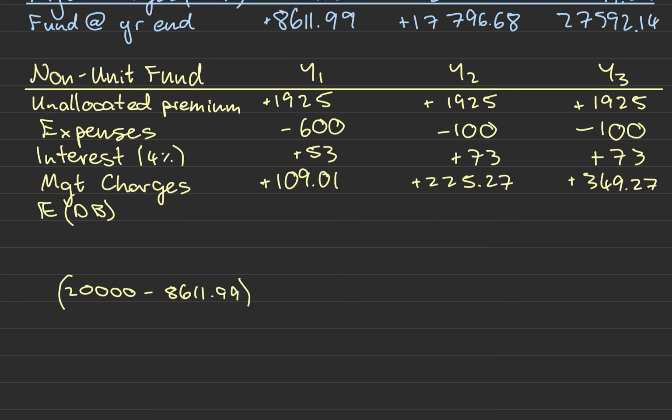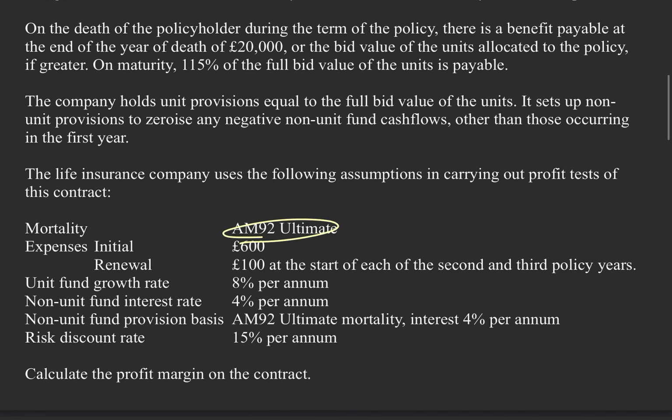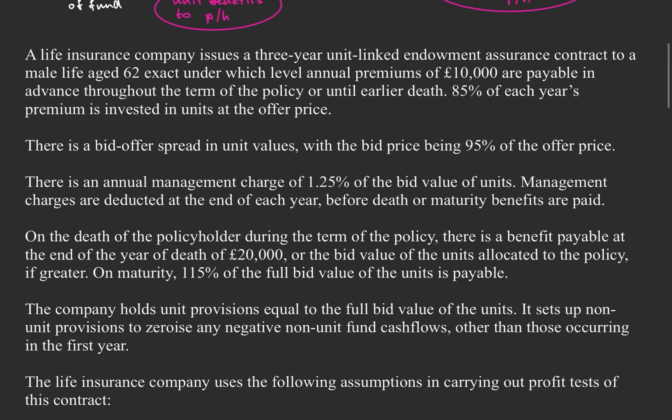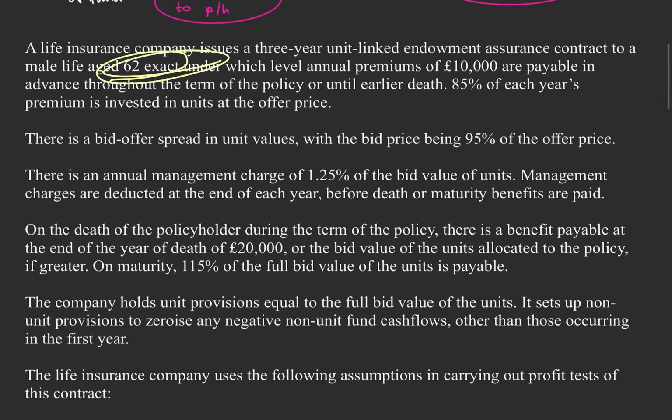But remember, it's not certain that this policyholder will die. This is an expected death benefit, and it's the expected death benefit per policy that was in force at the beginning of the year. So this is multiplied by q62, because I have ultimate mortality, and my policyholder is aged 62 exact at the start of this contract.